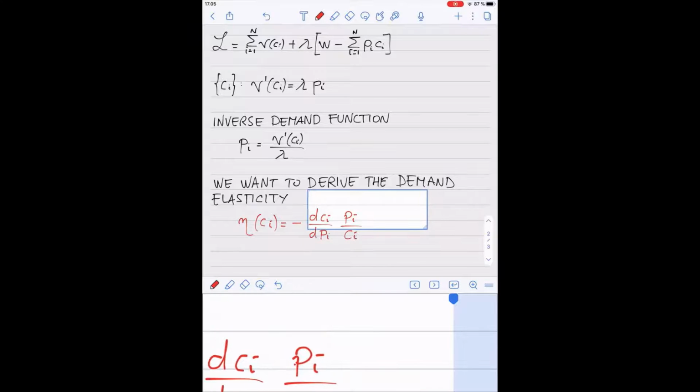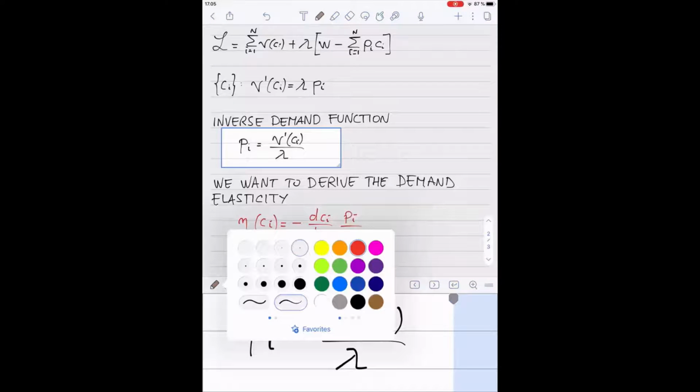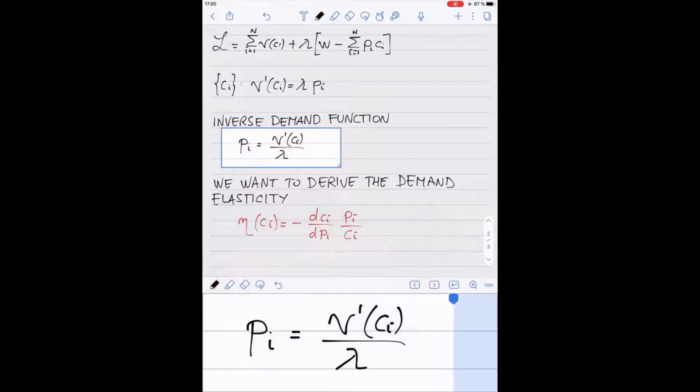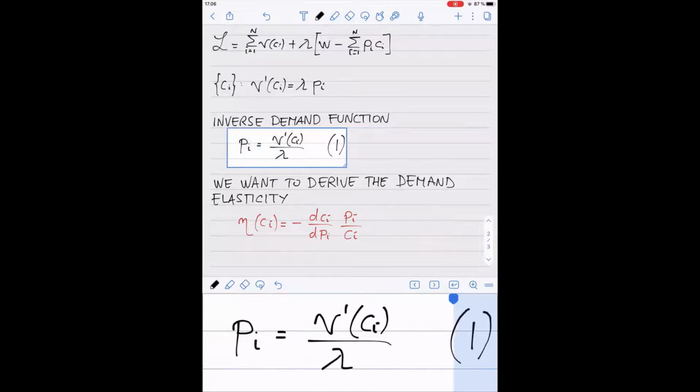Now, if we look back at the demand function, let me write number 1 next to it so that if we need to reference it, we will be able to do so. If we want to derive the demand elasticity perceived by a firm, we're going to need this eta for the solution to the firm's problem later on. What we need to do is to take the derivative of this demand function. Now we take the total derivative, and then we can figure out what is the demand elasticity.